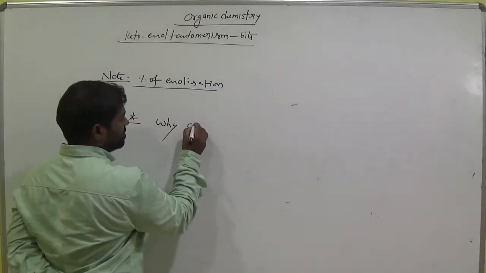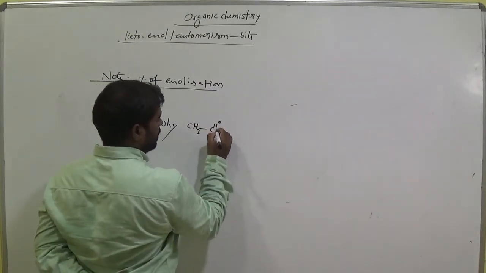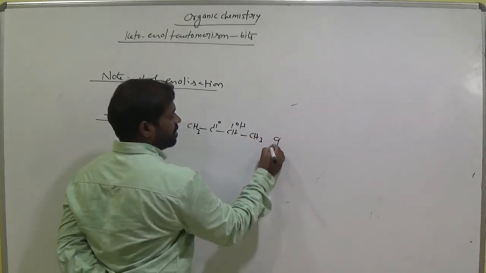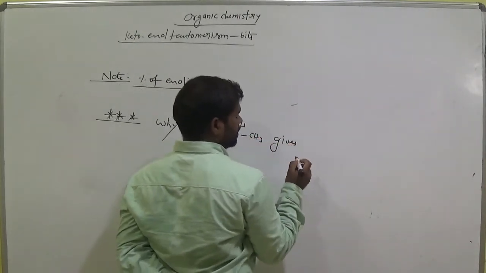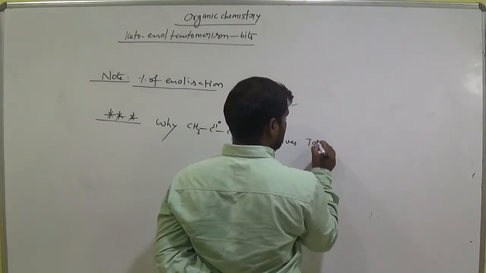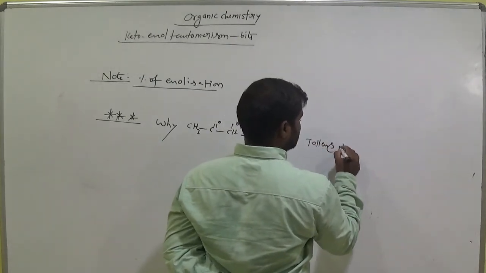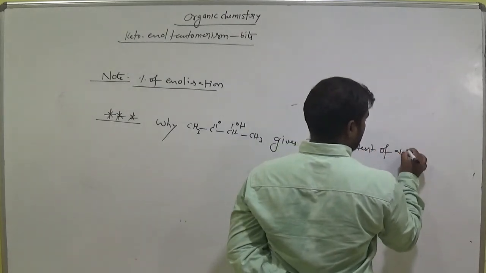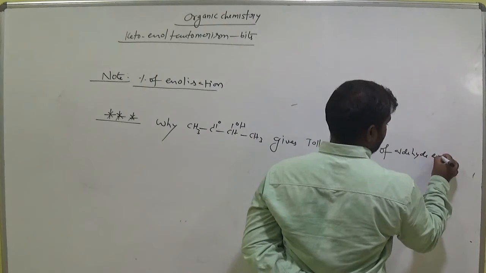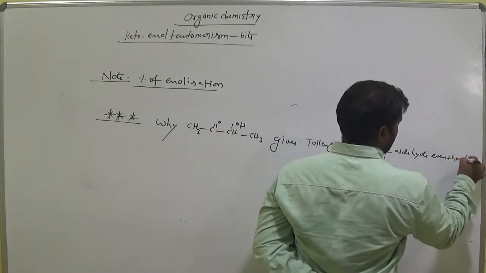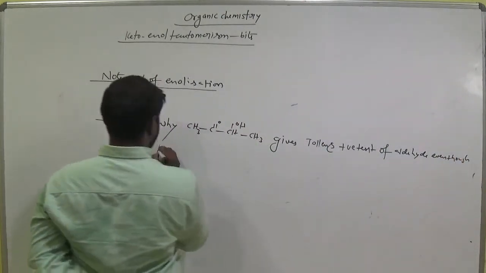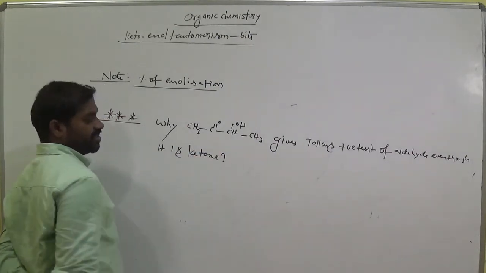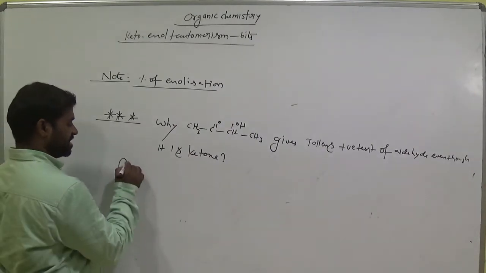Why does CH3 C double bond O CHOH CH3 give a Tollens positive test of aldehyde even though it is a ketone? So let's see the answer.